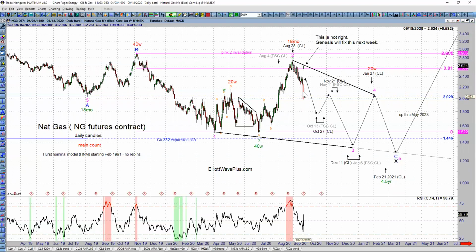And a return back up to this level here would give us essentially somewhat of a bearish head and shoulders. There's the invalidation right there. So 2.905, that's where I'm wrong, and I've got to change the count.